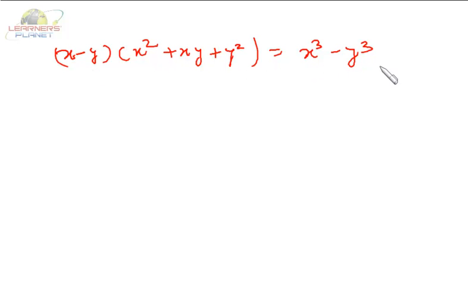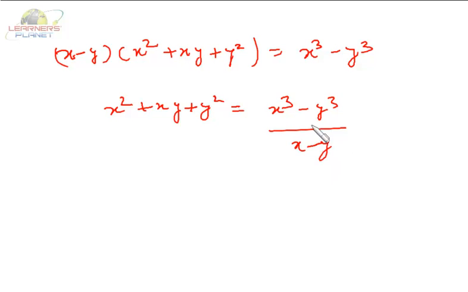Or in other words, if we divide x cube minus y cube by x minus y, we will get the remainder as 0, or it is perfectly divisible by x minus y. That means if you divide x cube minus y cube by x minus y, you will get x square plus xy plus y square as the quotient, and you won't get any remainder.